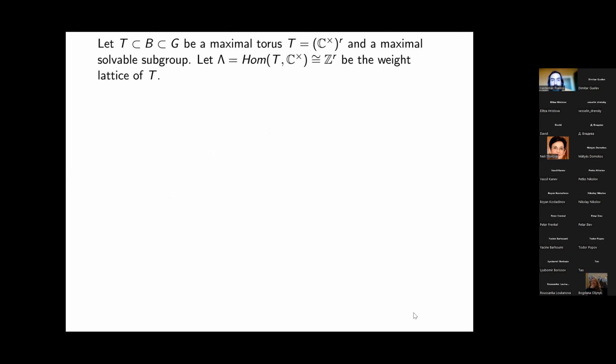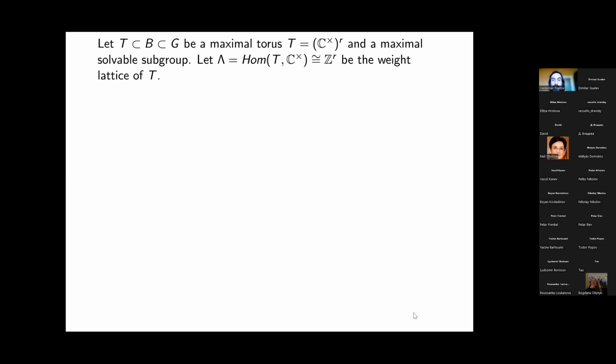So let me introduce the main language which will be spoken throughout this talk. It will be the language of structure theory of semi-simple and reductive Lie groups. So we fix the maximal torus inside our G. Maximal torus, this is the multiplicative group (C*)^r. And a maximal solvable subgroup, think upper triangular, the example will be below.